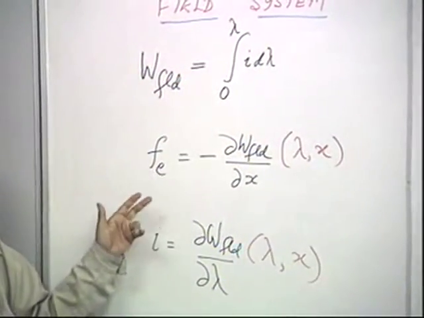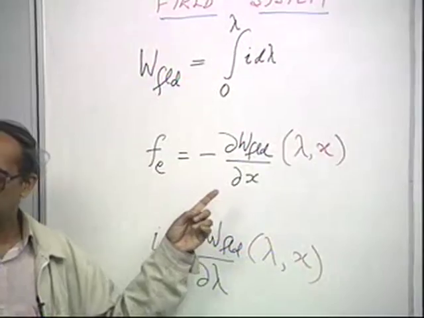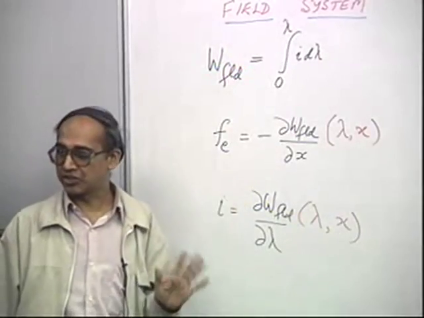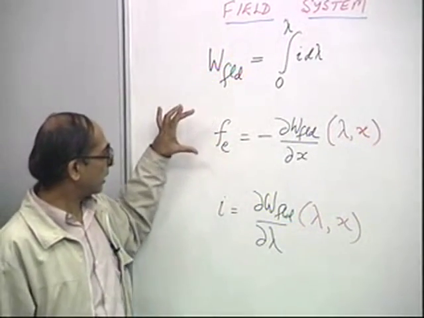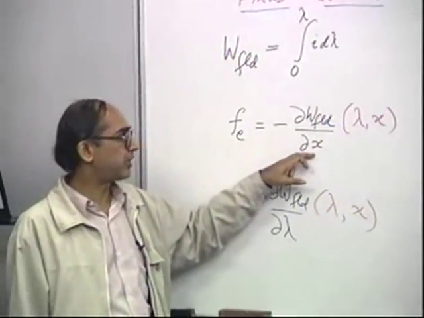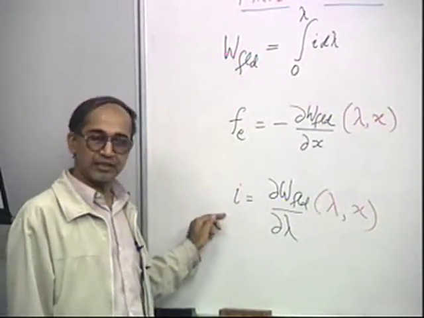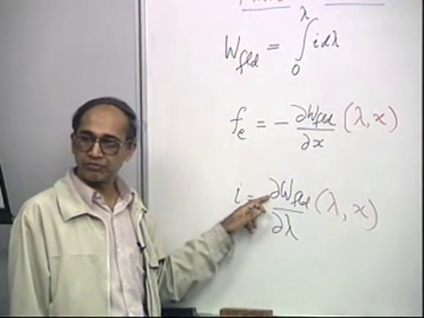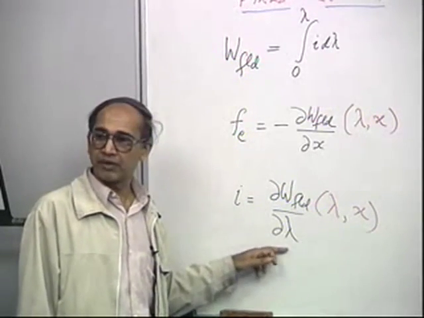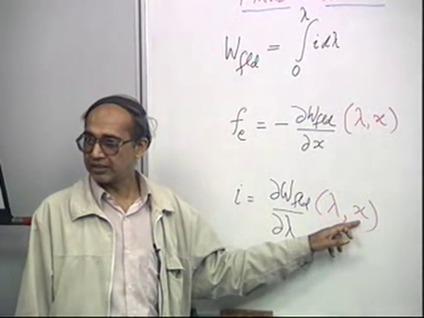A partial derivative means that while taking the derivative you keep the other variable constant. That means the force is the negative change of stored energy with displacement at constant lambda. Similarly, the current response is the rate of change of the stored energy with flux linkage when the displacement x is constant.